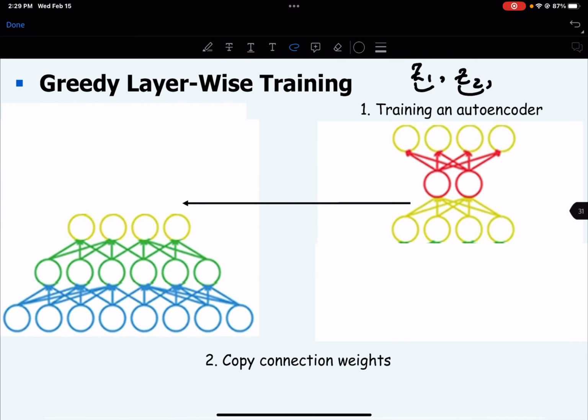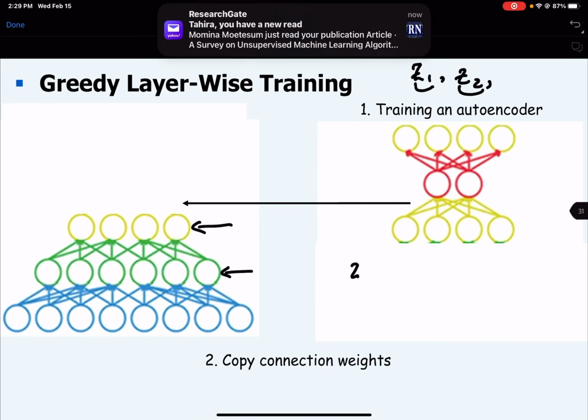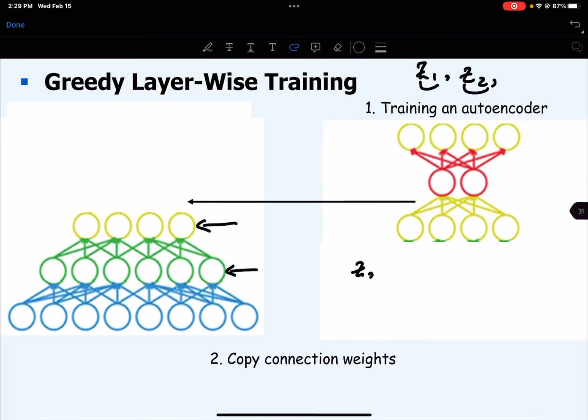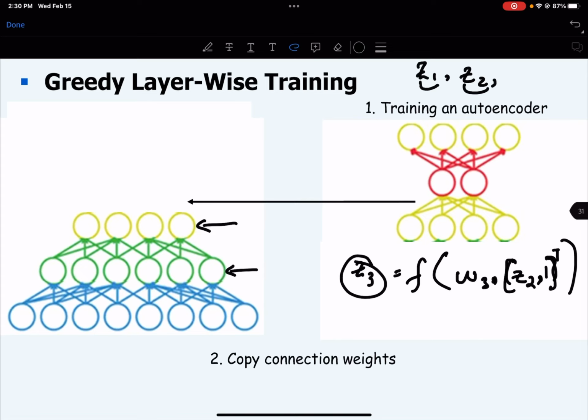We have reduced layers, the number of neurons is reduced, again the number of neurons is reduced, and for Z3 we know it will be a transformation of scale multiplication of Z2. So these are your derived values from Z2.